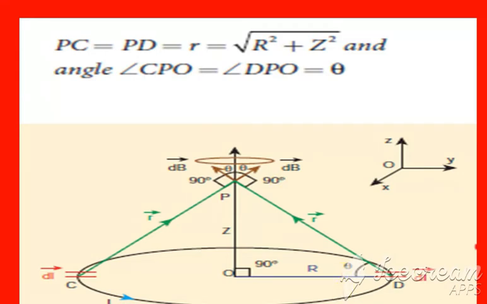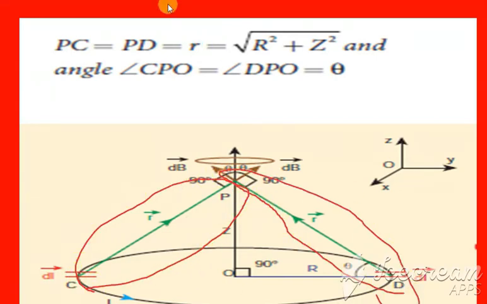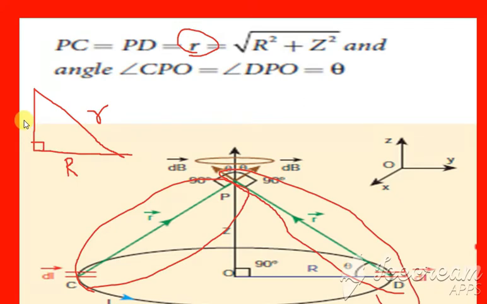Now what we are going to write is this PC, this is the value of PC. So PC is equal to PD is equal to what? Small r. And that r can be written by considering this to be a right angle triangle. Okay, so this is r, and here we have 90 degrees, is it not? And here we have capital R, and here we have Z. Applying Pythagoras theorem, the longest side square is equal to the sum of the squares of the other two sides.